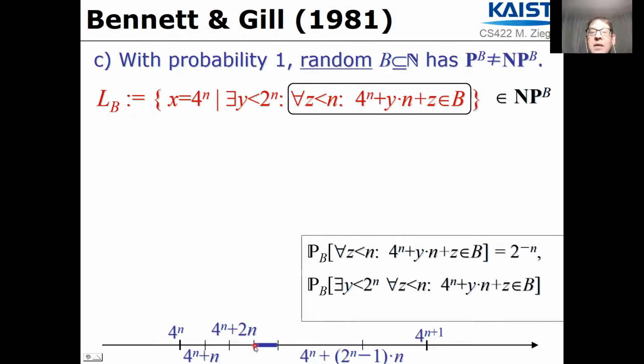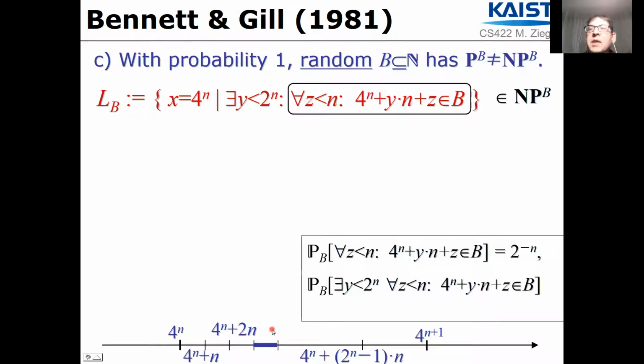On the other hand, there are exponentially many possible intervals. Although each one has an exponentially small probability, since there are many candidate intervals, the probability for some interval to belong to this oracle is actually a constant.